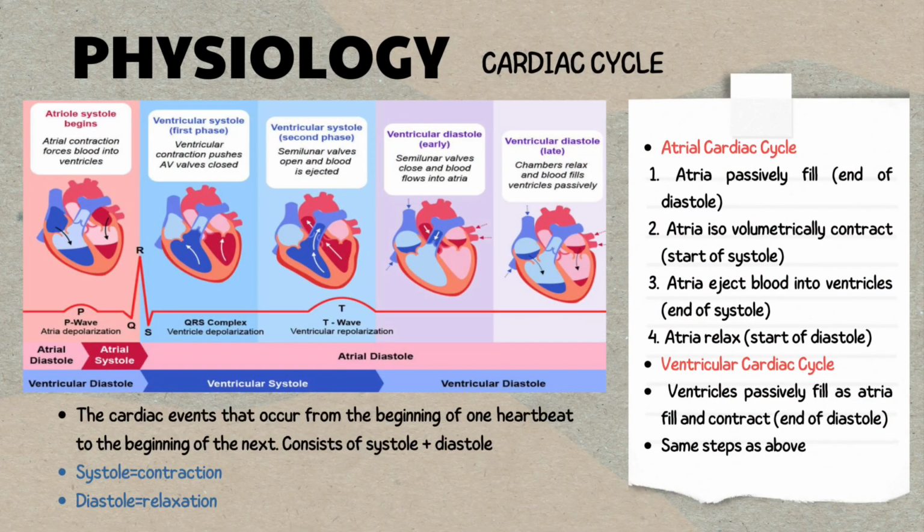So we move to the physiology of the heart, which is the cardiac cycle. The cardiac cycle is the events that occur from the beginning of one heartbeat to the beginning of the next. It consists of systole and diastole, where systole refers to heart contraction and diastole refers to heart relaxation.